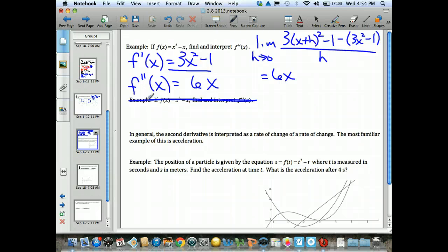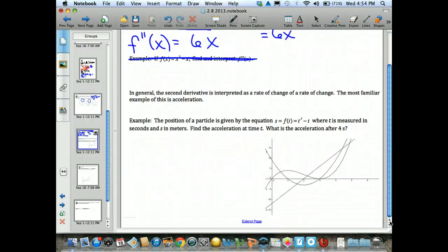So in general, the second derivative is just the rate of change of the rate of change. But the most familiar example is acceleration. So acceleration is the derivative of the velocity function, which is the derivative of the position function, okay? So here's an example of, here's the position function, and I just used t instead of x.